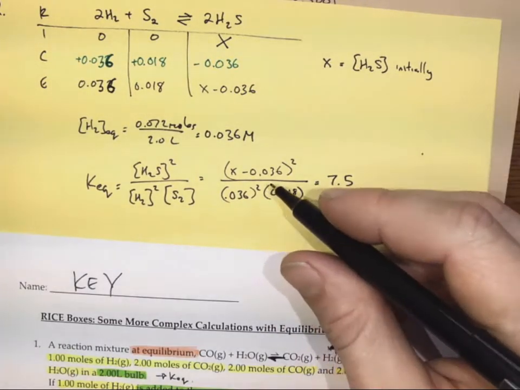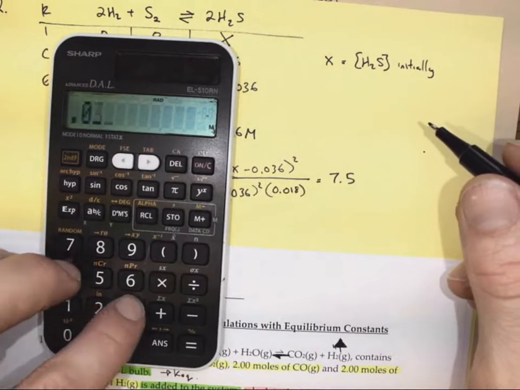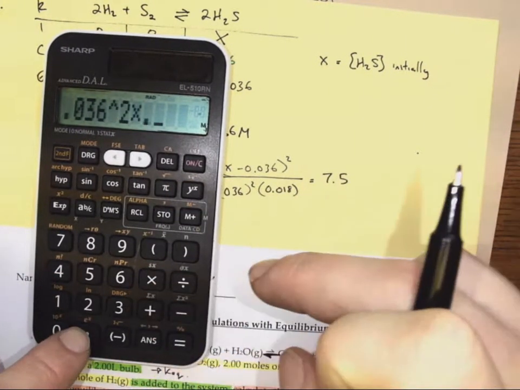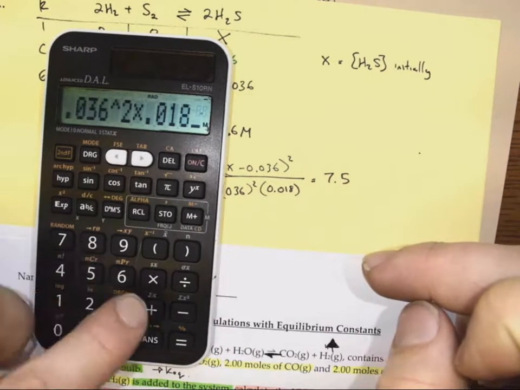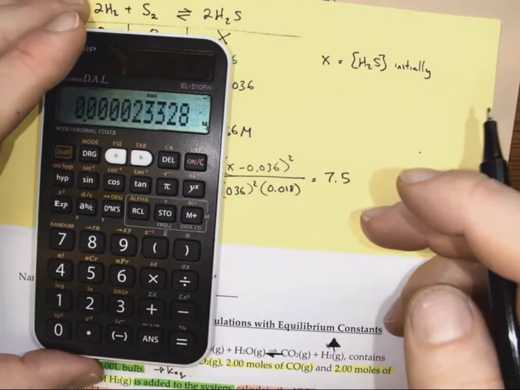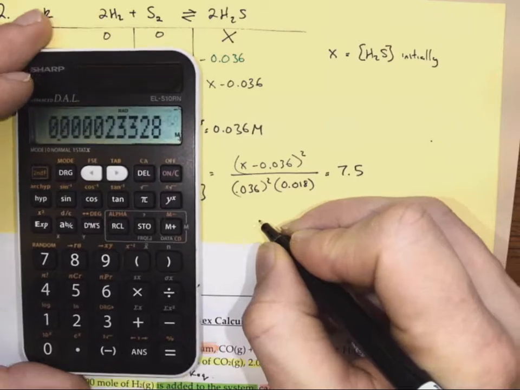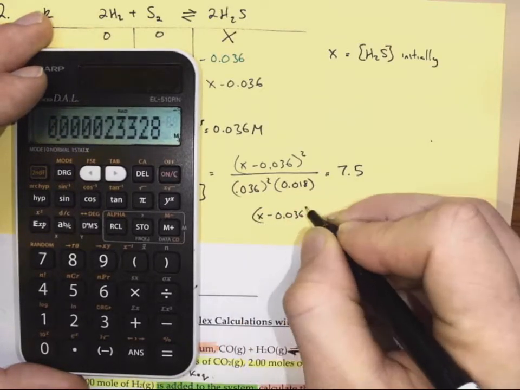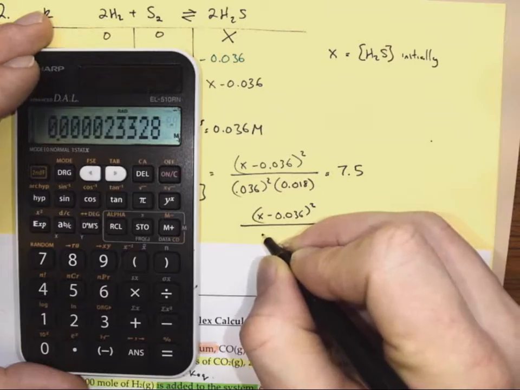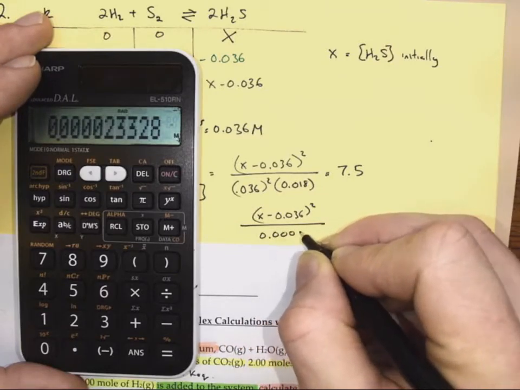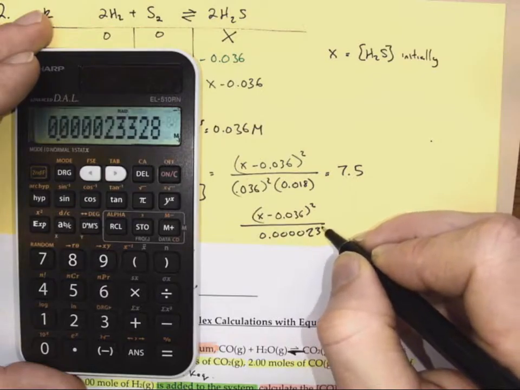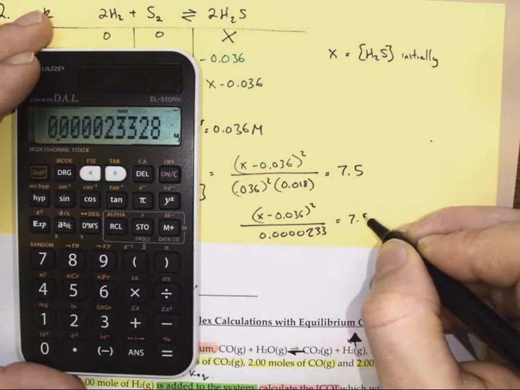I'm going to start by multiplying the denominators together. 0.036 to the power of 2 times 0.018. Okay, so it's pretty small. So x minus 0.036 squared over 0.0000233. That's all equal to 7.5.